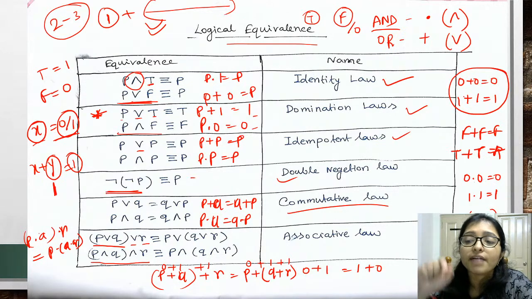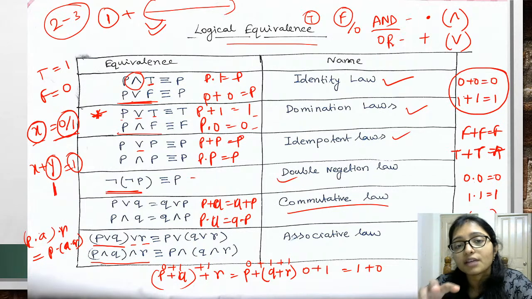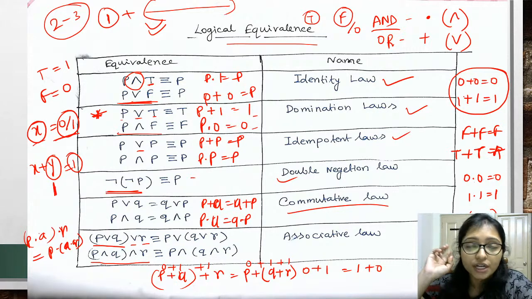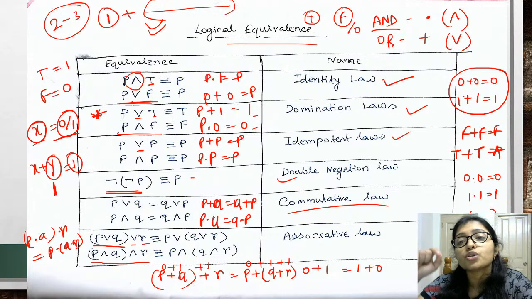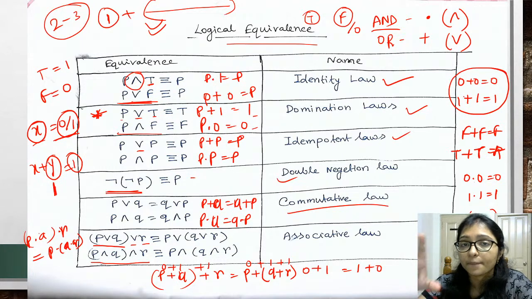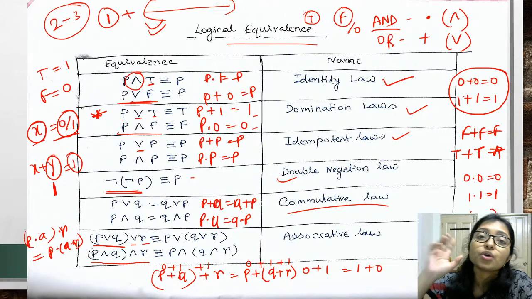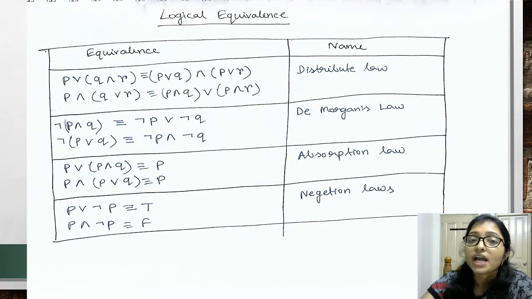If you put in the values, then you will never forget the rule. No need to cram the rules. Try to understand the rules, so you will be able to solve questions easily. If the concept is clear, no need to cram the rule, okay? Try to understand all the rules.